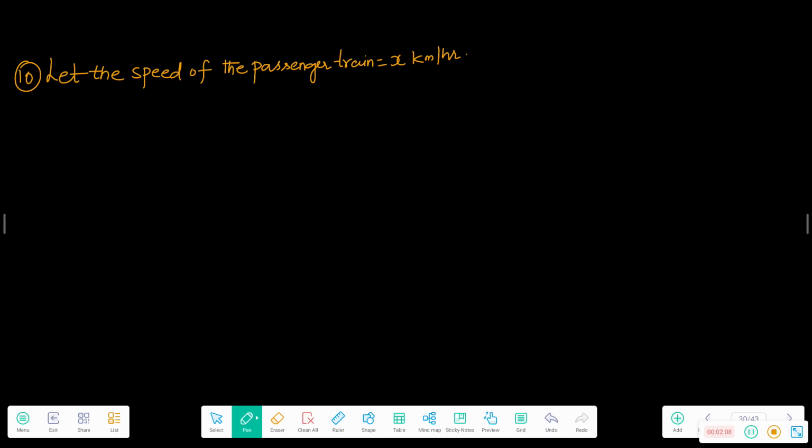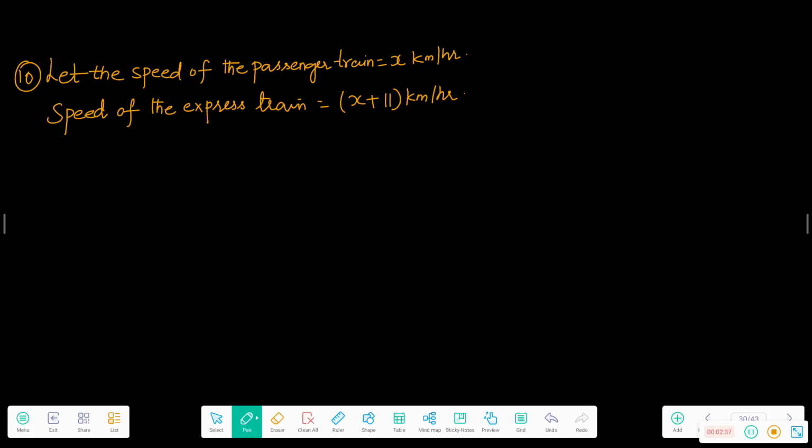Given that the speed of the express train is 11 kilometers more than that of the passenger train. So the speed of the express train is x plus 11 kilometers per hour.